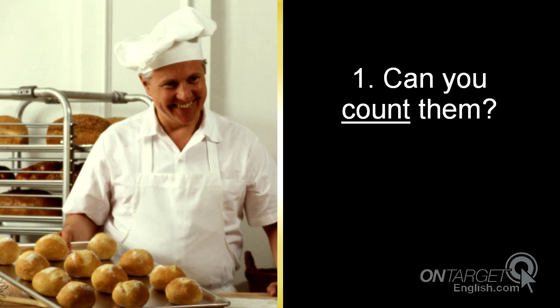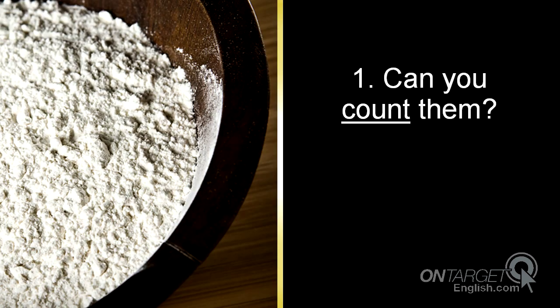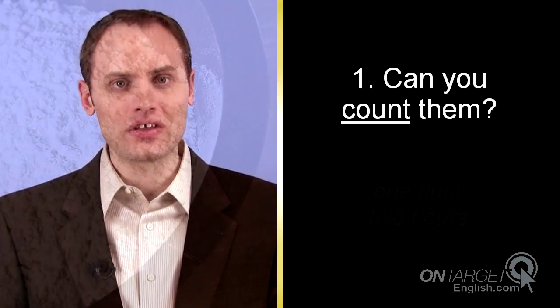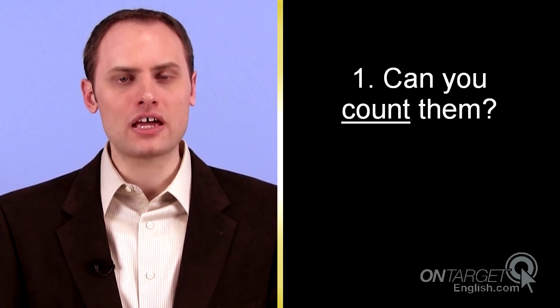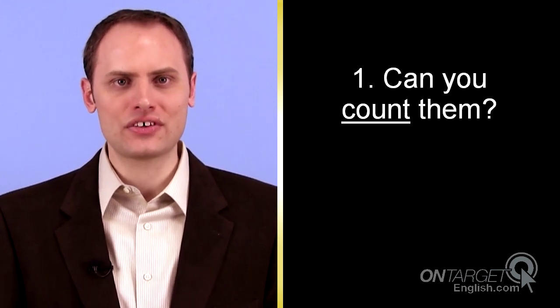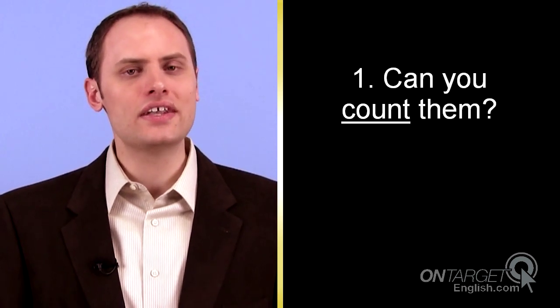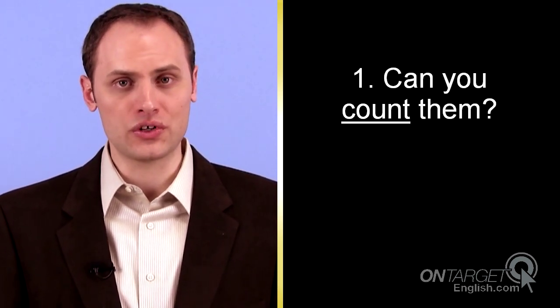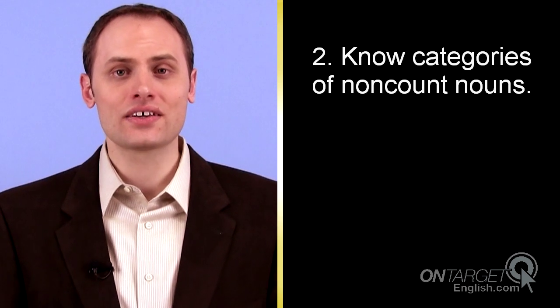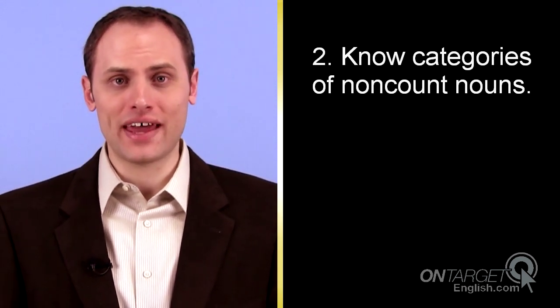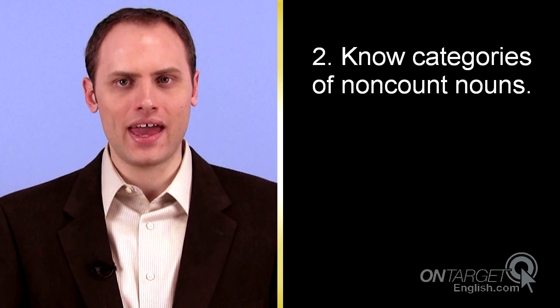Every baker bakes with flour, but you cannot measure flour by saying 1 flour, 2 flours, and so forth. There is a different way of measuring non-count nouns, and I'll talk about that in another lesson, but you cannot make non-count nouns plural.